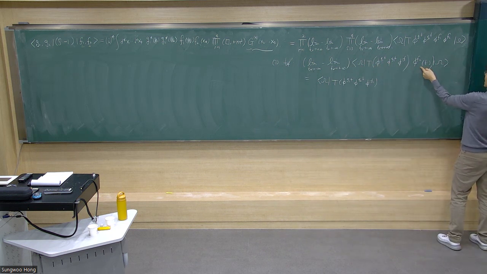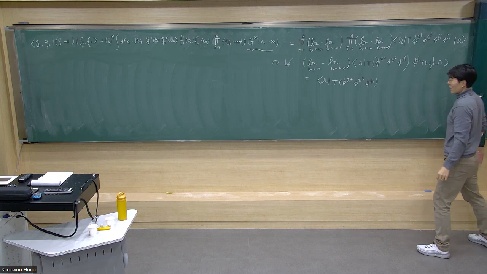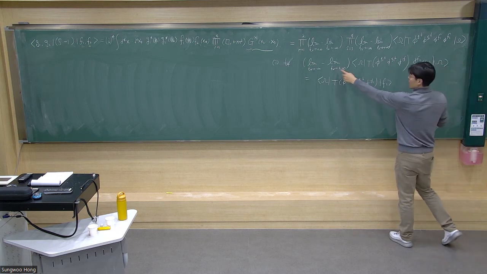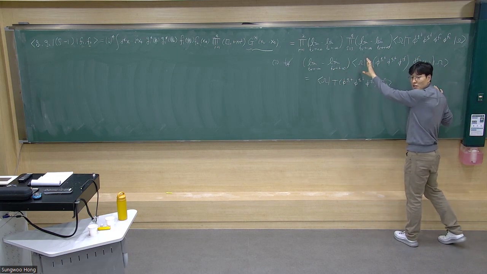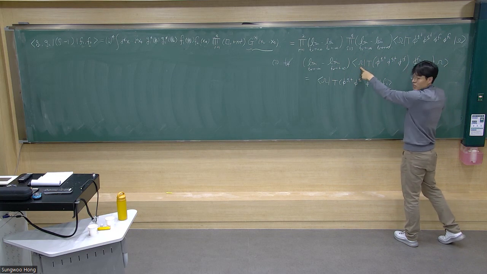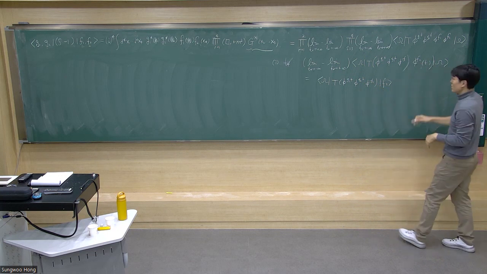And then when I act on the vacuum, I told you that acts as what? Creation operator for the asymptotic state. Okay, so that will create the state. From the second limit, that means that I have to move this guy to the far left. And that just kills the vacuum, right? Because it only has creation operator, but no annihilation operator. Good. So that's the first limit done.